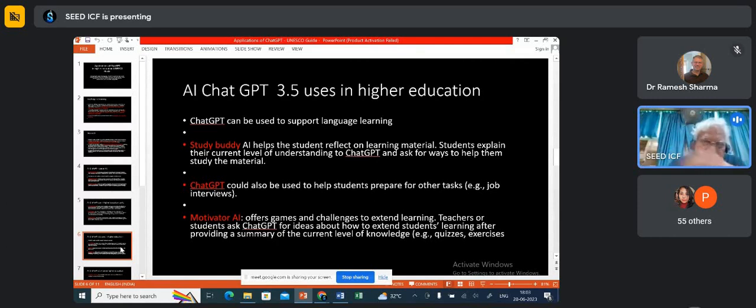That is what I talked about, the phonological thing, but this is a much more advanced level. It can help the student to study material in a much more effective manner. This is called the study buddy, which UNESCO has really helped work out, and it can be used to help the student prepare for other tasks like job interviews, etc.